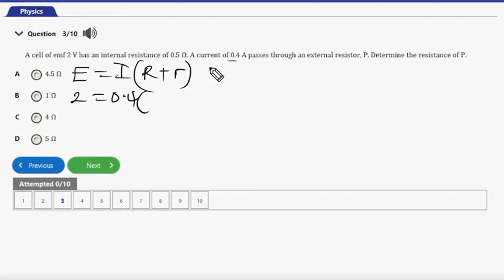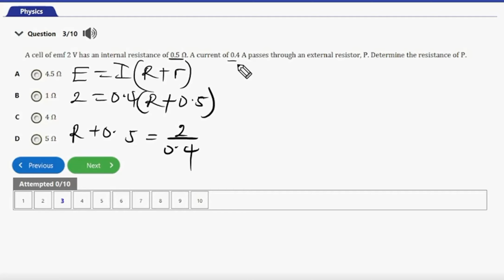The R here is not given, but the internal resistance is given, which is 0.5. So we'll have to make R the subject of this equation. We can write R plus 0.5 is equal to 2 over 0.4.